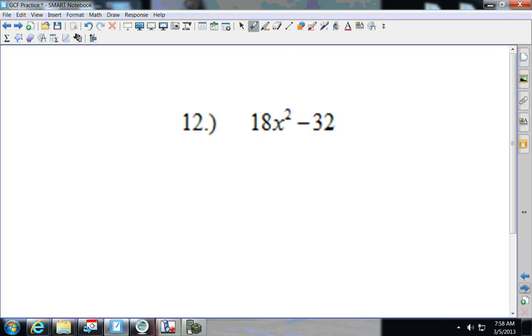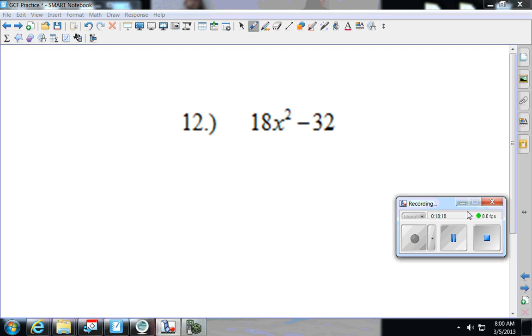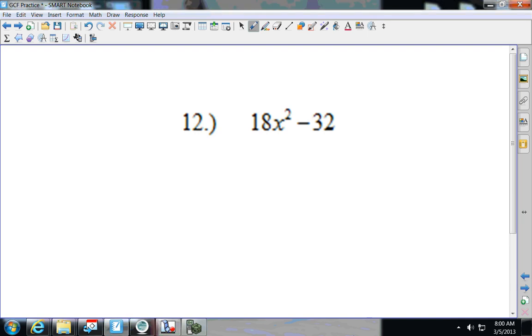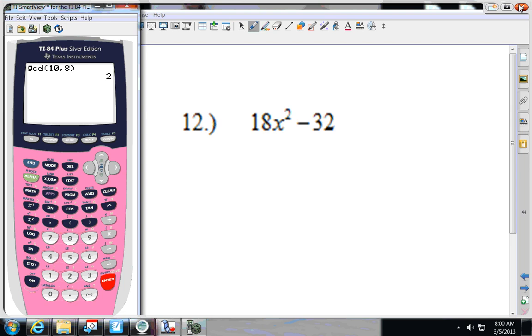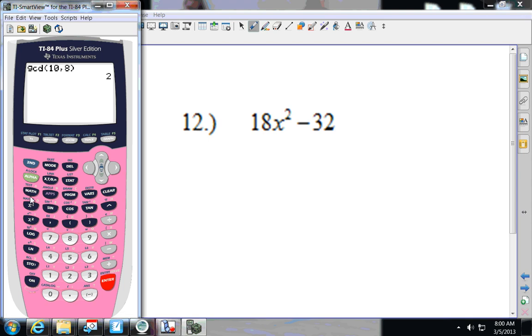Okay, I believe this is the last one right here. Factor this one out. All right, on this one, the smallest coefficient is 18. Well, since there's 2 numbers, I'll just go up here and I'll press math. Math, arrow over to number, put in 18, comma, 32.